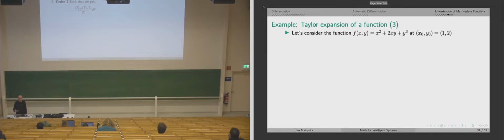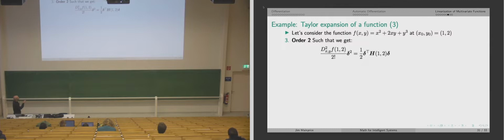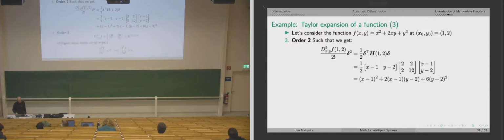Then we compute the monomial associated with the second order derivative, which is 1/2 of delta transpose times the Hessian times delta. Delta, again, is x minus x0. So we have x minus x0 here, x minus x0 here, and the Hessian matrix here. This is just vector matrix computations.